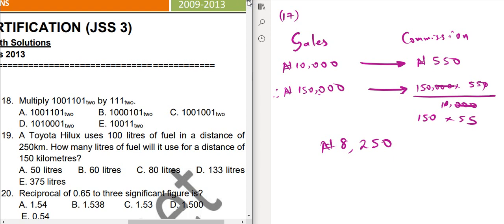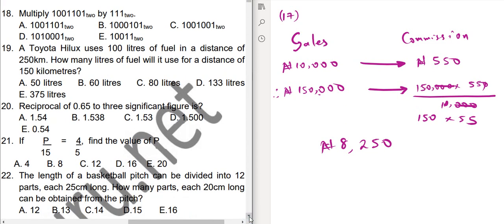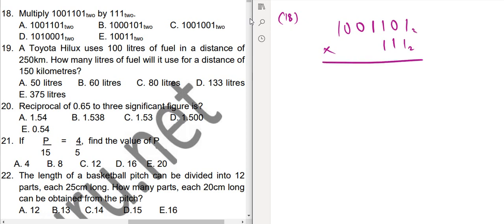Number 18. Read for me. Multiply 100,101 by 111. So 1 times all these will give you the same thing, right?